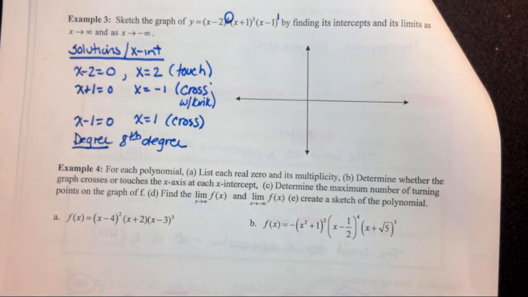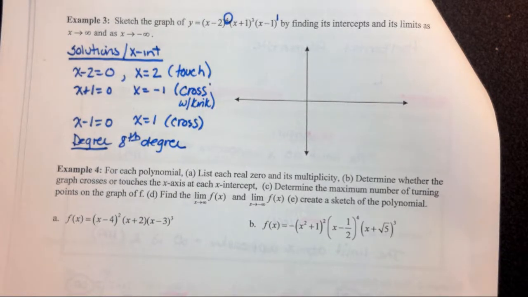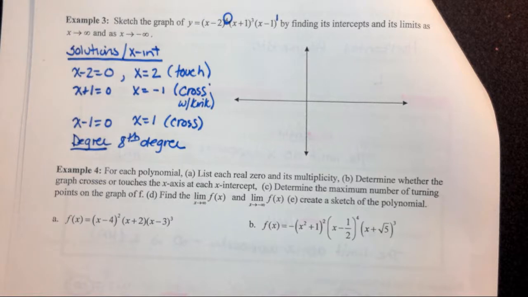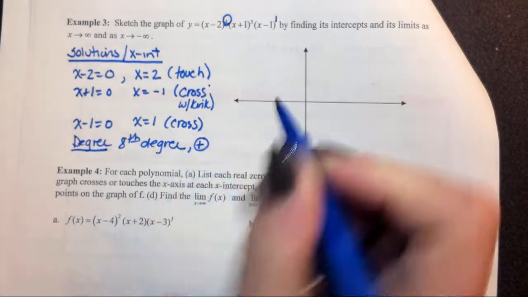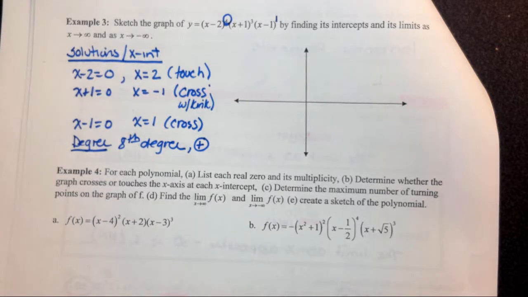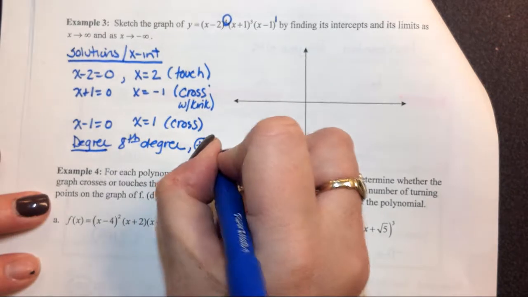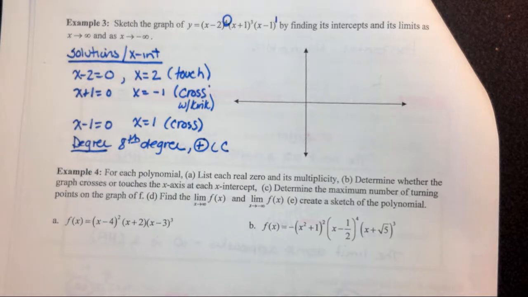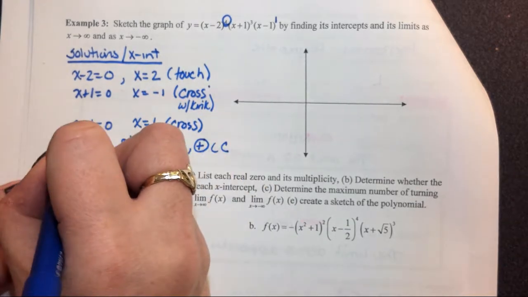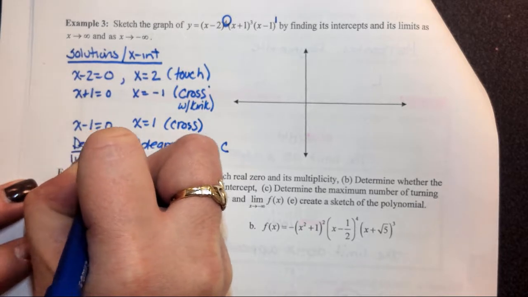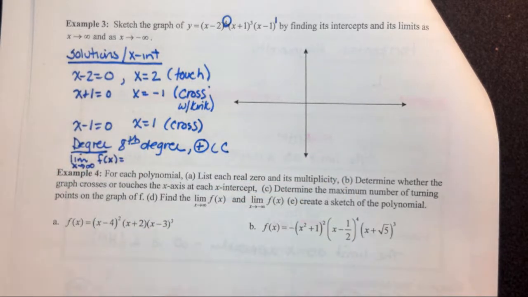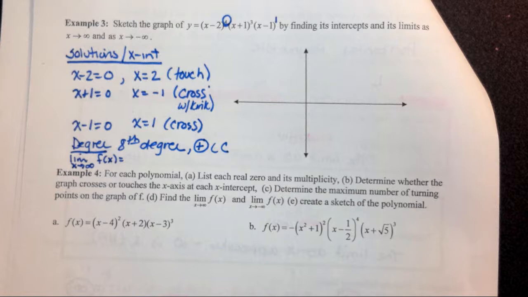Tell me about the leading coefficient. Is the leading coefficient positive or negative? Positive. So it's an 8th degree polynomial function with a positive leading coefficient. So then what's happening with the limit as x approaches positive infinity of f of x? So again, what's happening on the right-hand side of this graph?